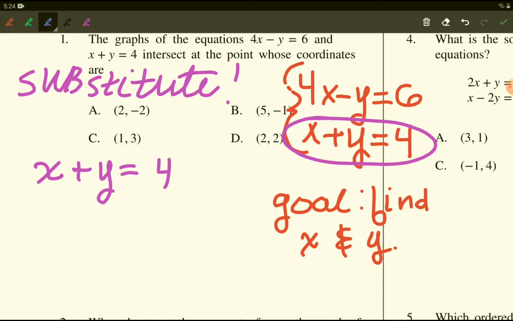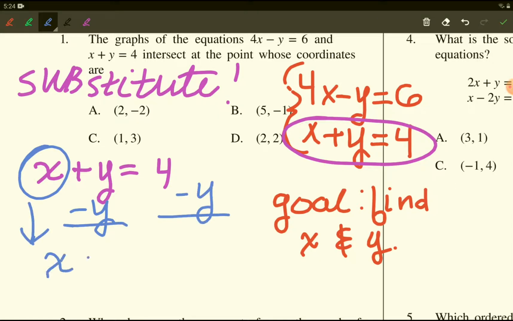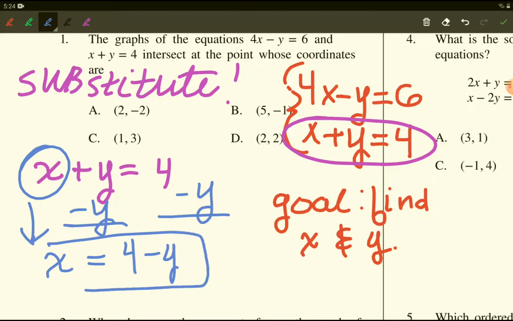Okay, so just very, very quickly, I can easily isolate x by moving y over on both sides to make it x equals 4 minus y. Okay, so what I just did, I just isolated x.